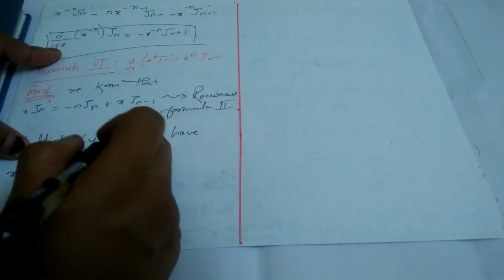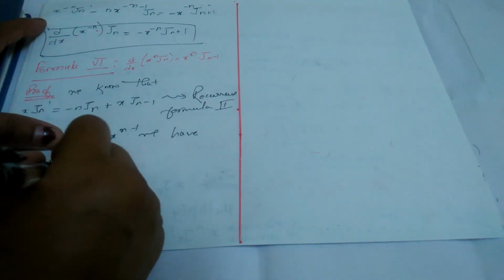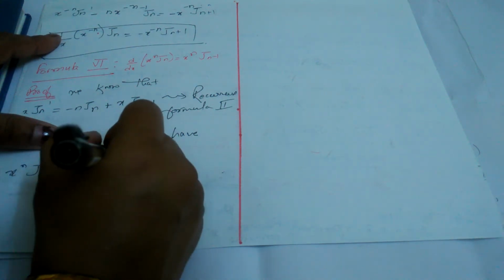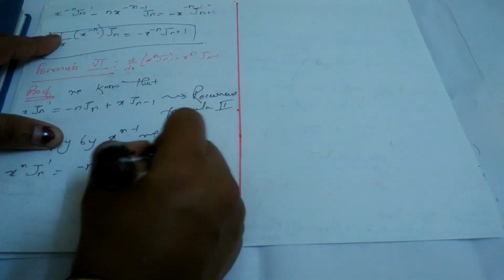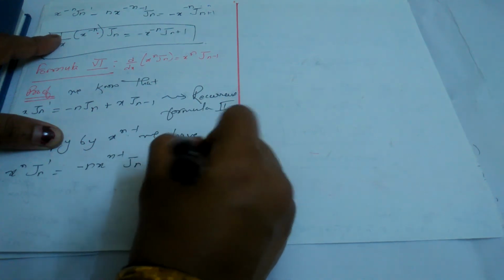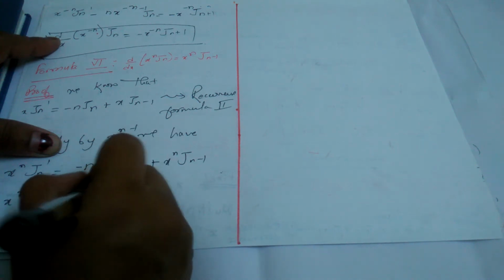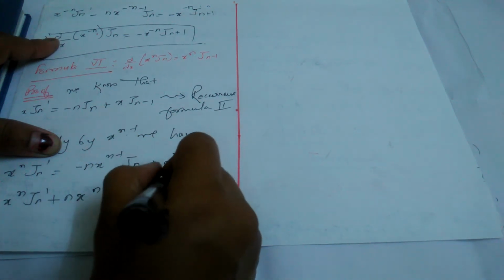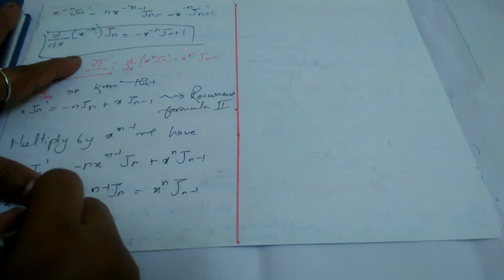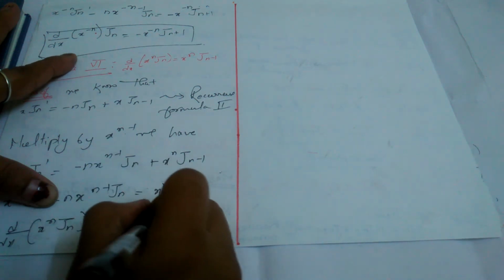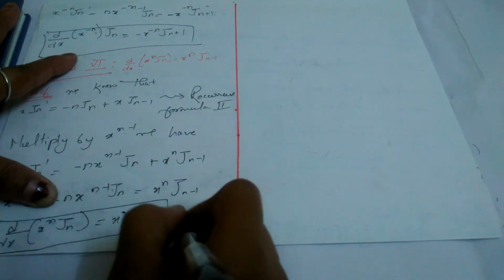This minus 1 and this plus 1 gets cancelled out, which is equals to minus n x raised to n minus 1 J of n plus x raised to n J of n minus 1. As a result, x raised to n Jn dash plus n x raised to n minus 1 J of n is equals to x raised to n into J of n minus 1, or d by dx of x raised to n J of n equals x raised to n J of n minus 1. Hence proof.